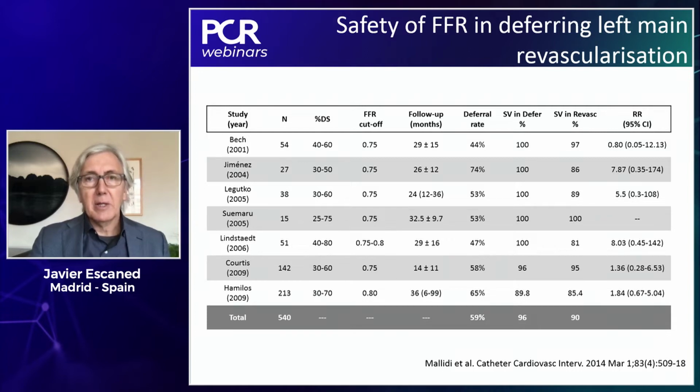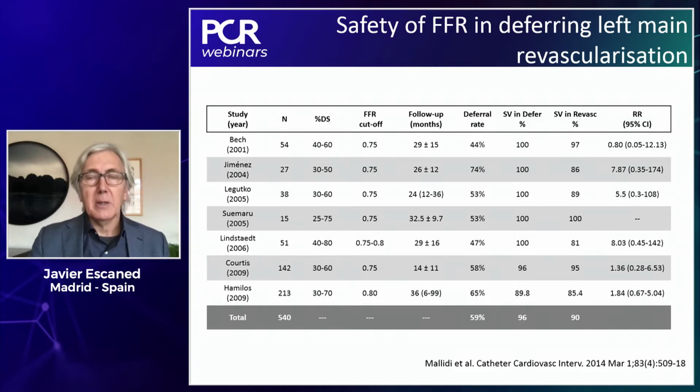We started having these as early as the 90s, and these were first tested using the cutoff of FFR 0.75 for hemodynamic relevance, but we also have some studies using the cutoff of 0.80.